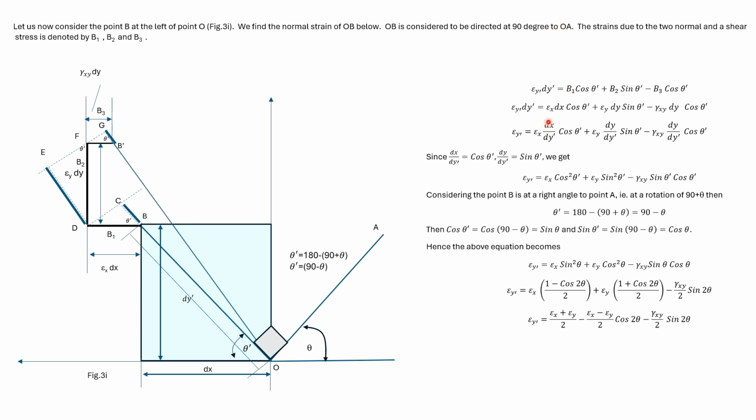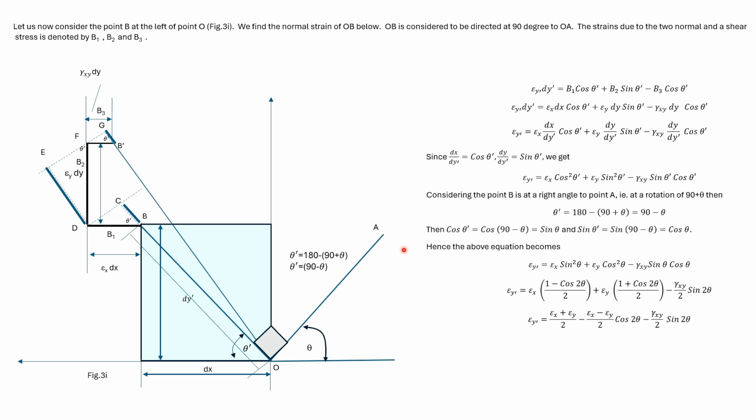Now B1 is epsilon x dx, B2 is epsilon y dy, and B3 is gamma xy dy. Dividing both sides by dy dash, we get this expression. Now, as earlier, dx divided by dy dash is cos theta dash, and dy divided by dy dash is sin theta dash. So we get epsilon y dash in terms of theta dash.